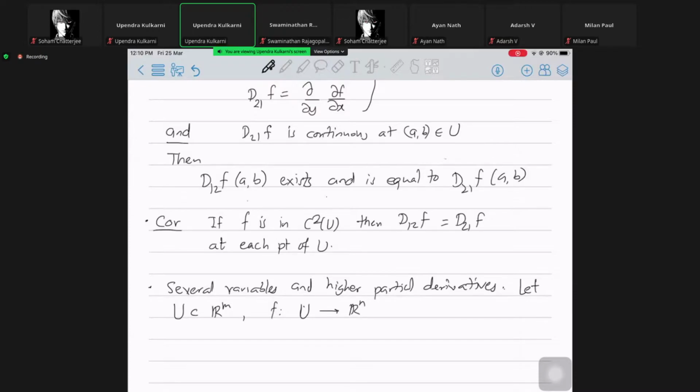Okay, let me repeat this question just for definiteness. Let us suppose I want to say that D417 of f at a point should be the same thing as D174. Suppose this is what I want. Will this be true without any hypothesis on f?